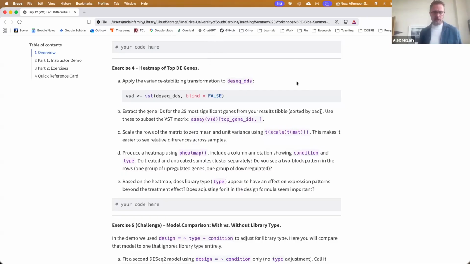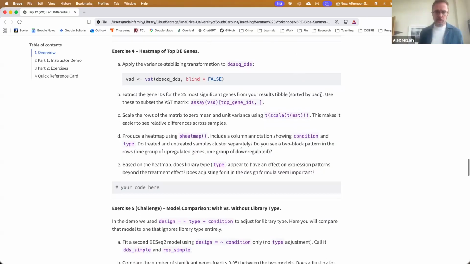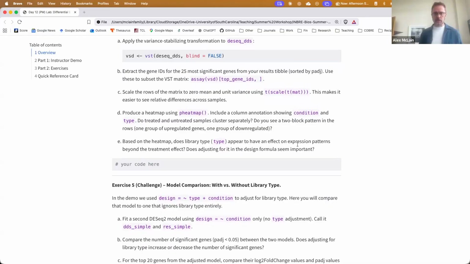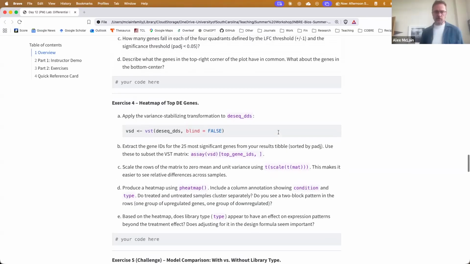And then lastly, do a heat map using the functions that we did in the morning, and take a look and see what you see, if there's any relationship with the type of sample that was run.